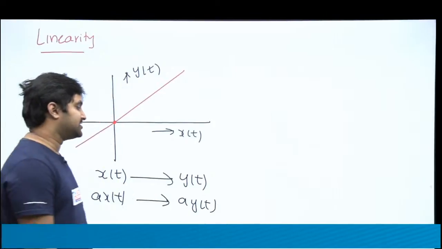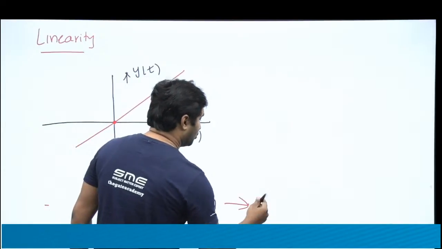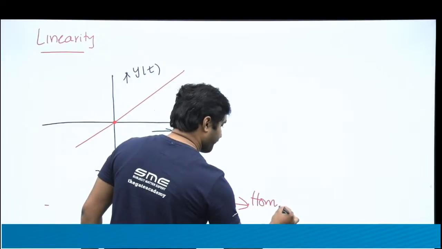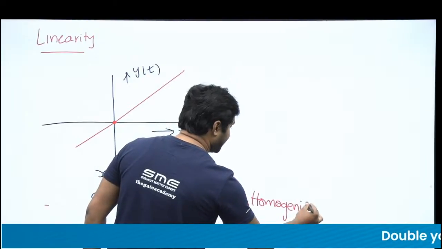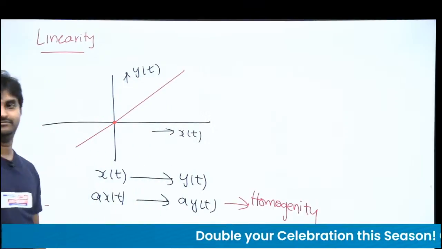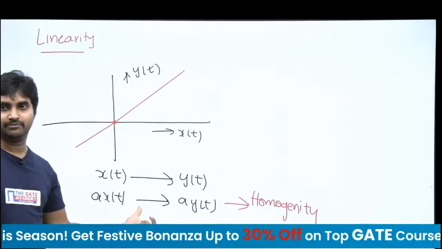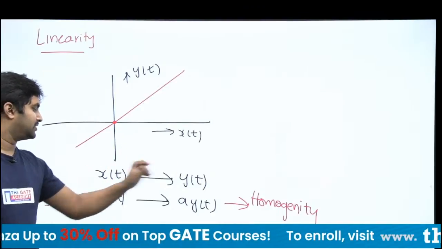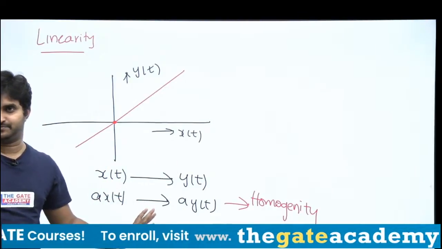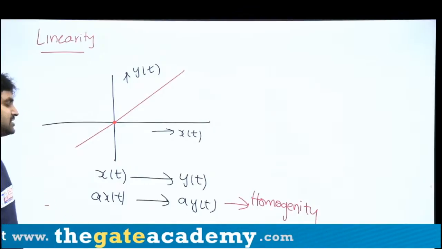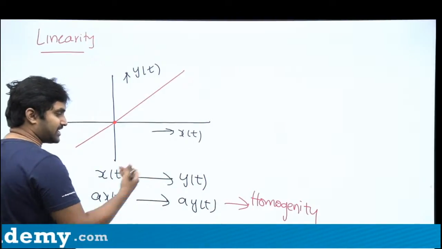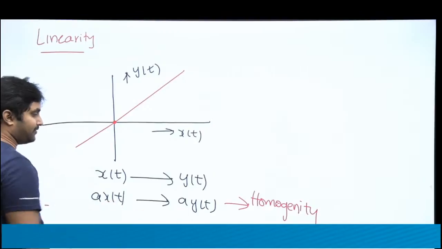This is what we call homogeneity. The word is complex, but the concept is very simple. Same thing. 1 rupee, 1 chocolate, 10 rupees, 10 chocolates. This is what we call homogeneity or the scaling property.